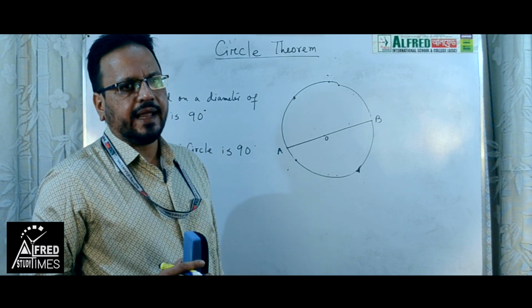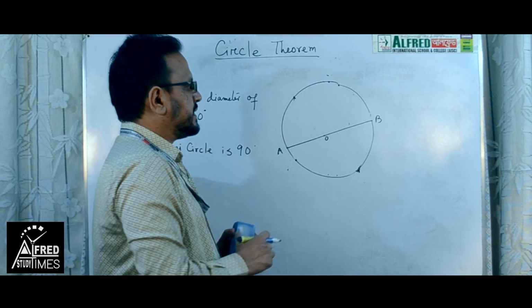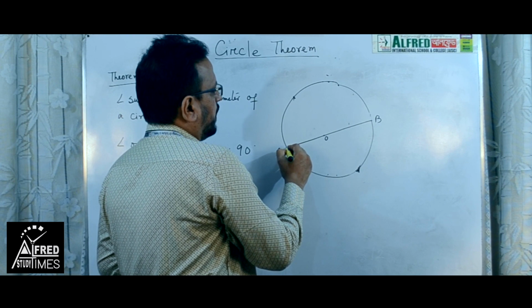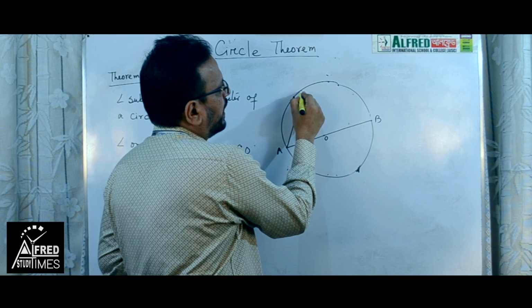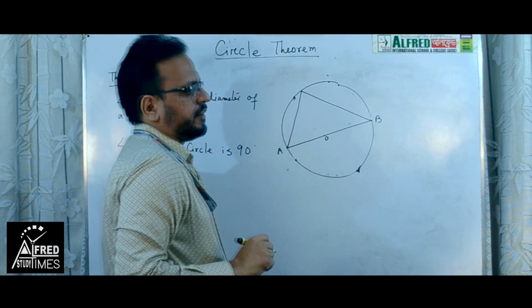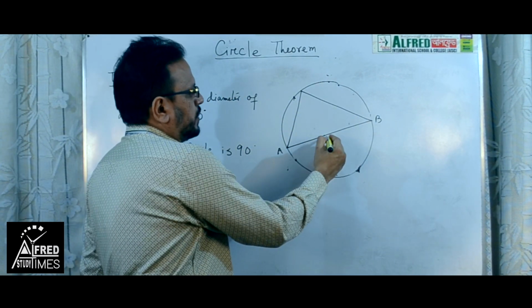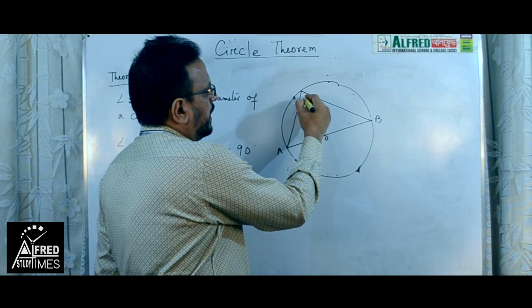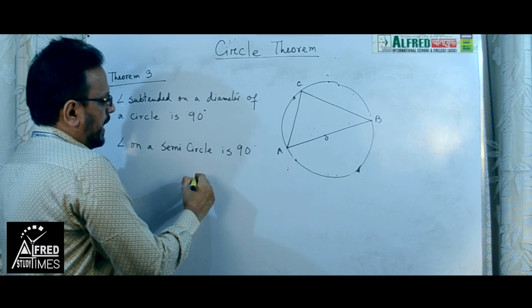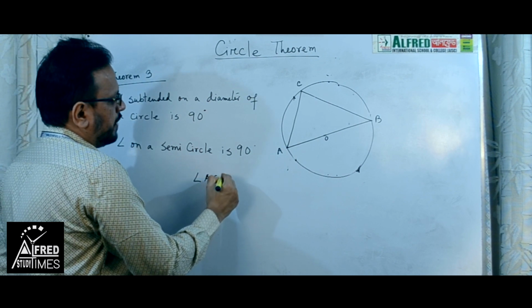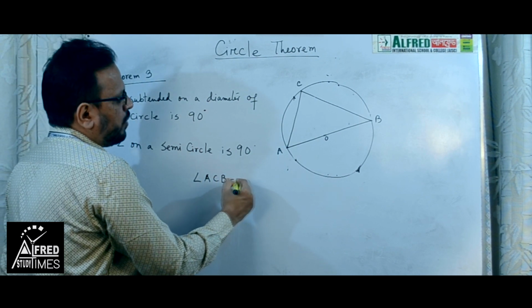Now let us draw an angle on this diameter. Starting from here, touching the circumference and coming back. So this angle, let me name this angle, angle ACB. Angle ACB is equal to 90 degree.